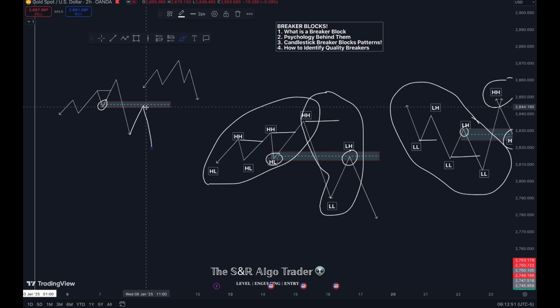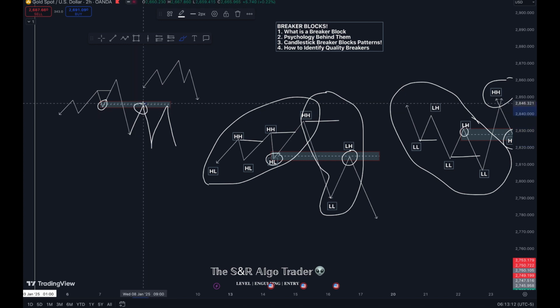So anytime price comes back up here, we don't trade it as a breaker block. Although it could respect the market as a resistance level, then bounce back, we don't trade it as a breaker block because it has already been mitigated by the first touch.